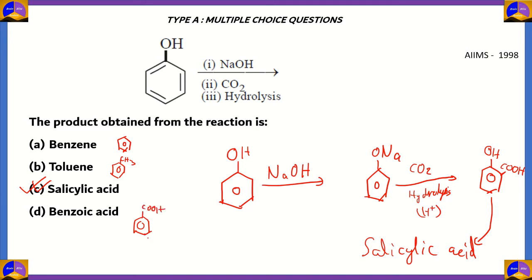There is no other functional group present. So option C, salicylic acid, is the correct answer for this question. If you were to fill this equation, then what you would fill it with is a benzene ring followed by an OH and then a COOH. So this is salicylic acid.